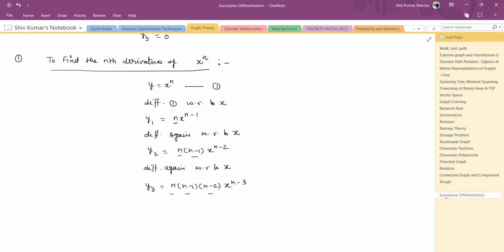Also, the second term is n minus 1 after two differentiations, and n minus 2 after three times, so each new term subtracts 1. Now, on the basis of this, we write out the nth derivative.